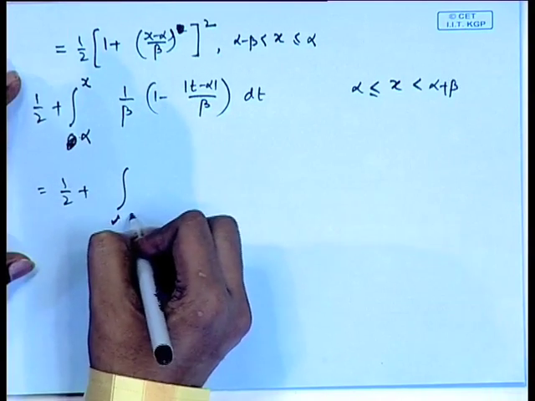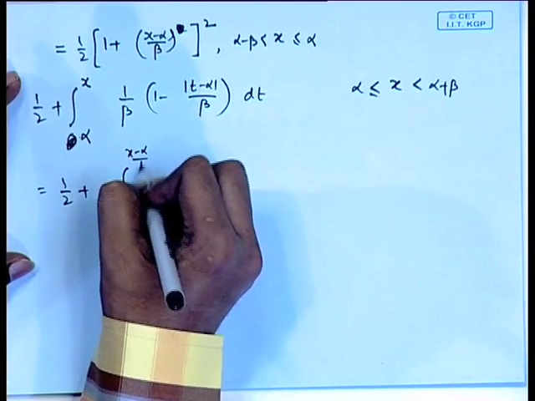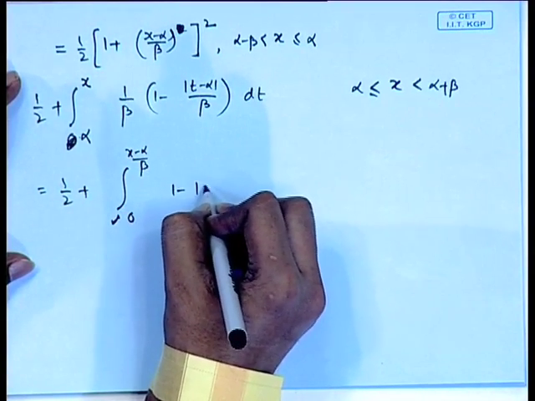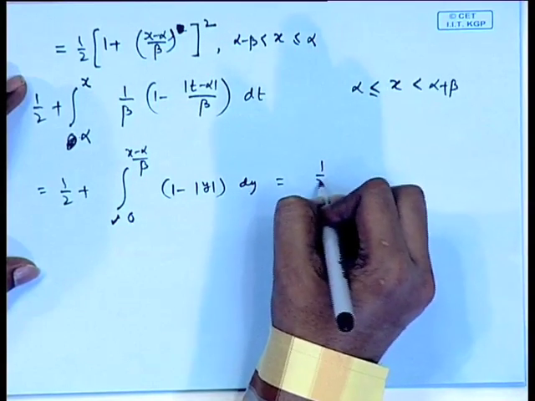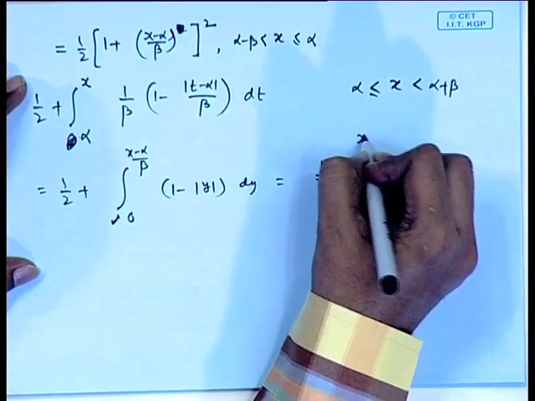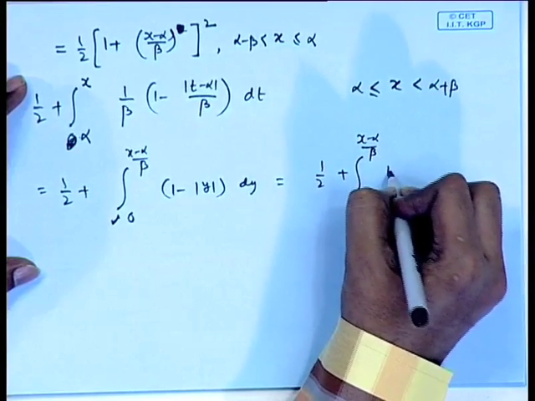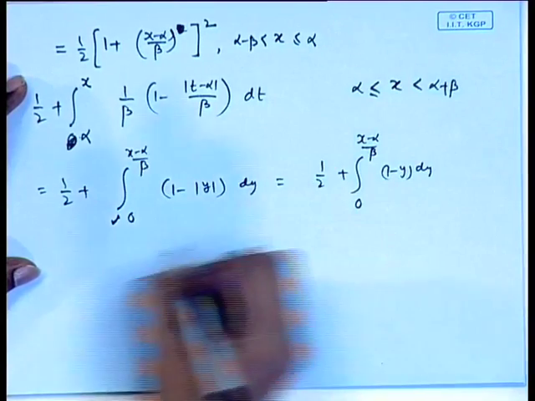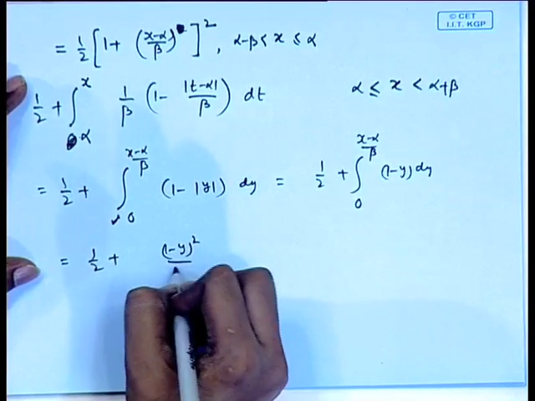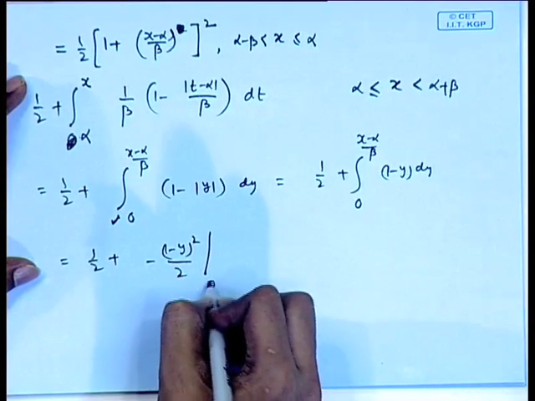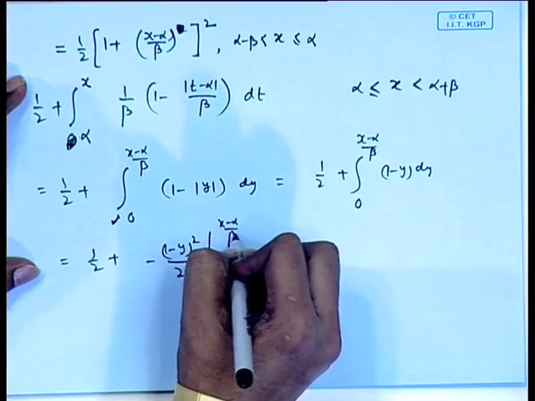So, this becomes half plus the integral from 0 to (x minus alpha) by beta of (1 minus y) dy, that is equal to half plus minus (1 minus y) whole square by 2, from 0 to (x minus alpha) by beta.